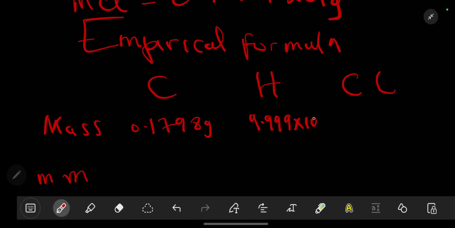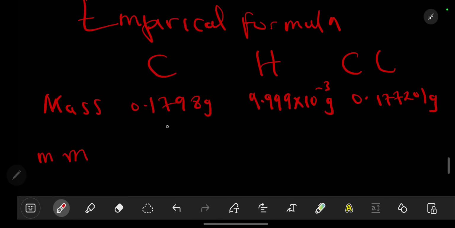The mass of hydrogen was 9.999 times 10 to the power negative 3 grams. Then the mass of chlorine has been found to be 0.177201 grams. Then we are going to have the molar mass.